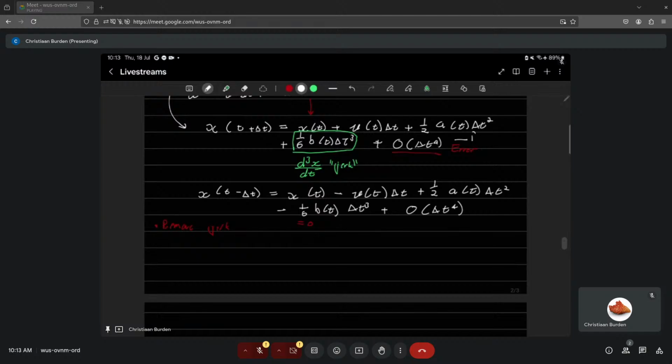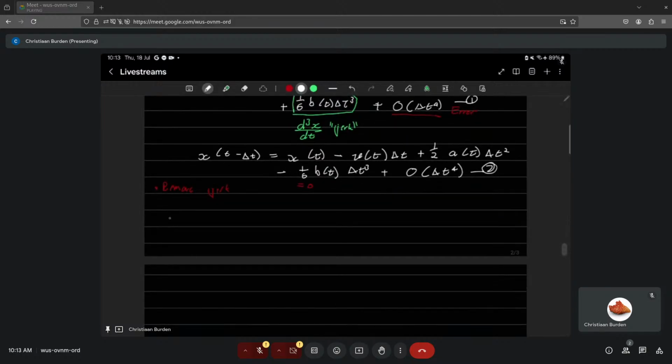Let's make this equation 1, and this equation 2. Now, if we add these two, we get the following: x for the next frame plus x of the previous frame is equal to 2 times the displacement of the current frame.